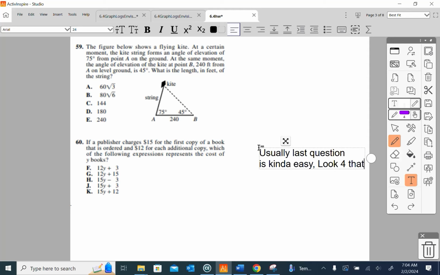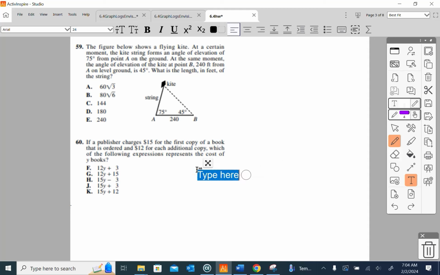If a publisher charges $15 for the first copy of a book that is ordered and $12 for each additional copy, which of the following expressions represents the cost of Y books? This is legit. Y equals mx plus b. M is going to be the cost of additional copies.